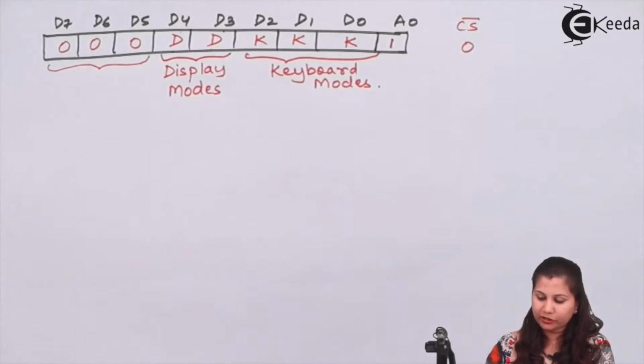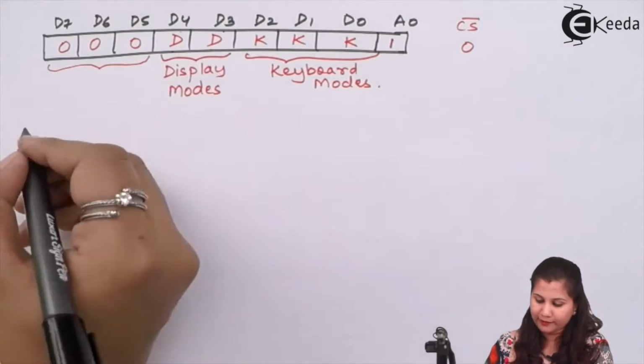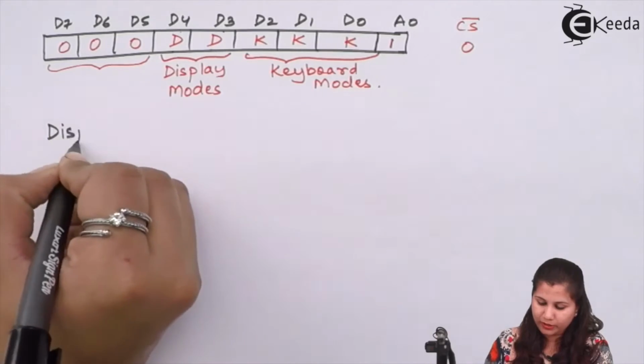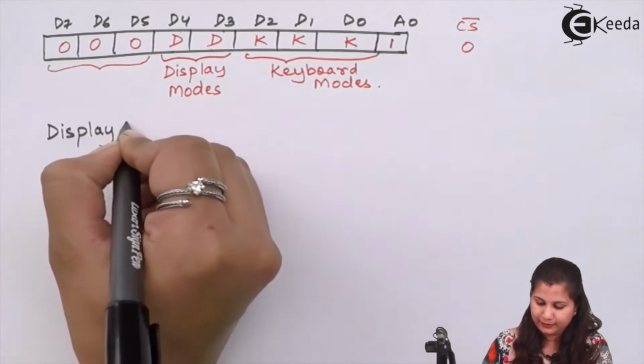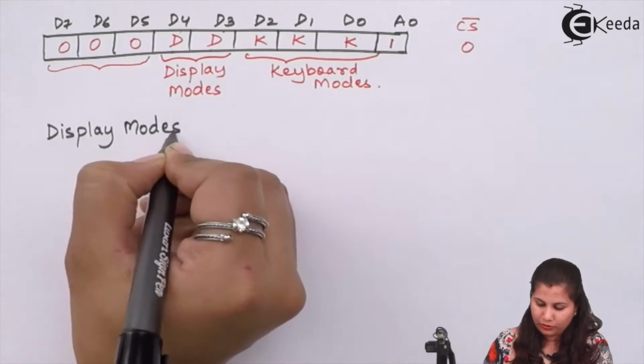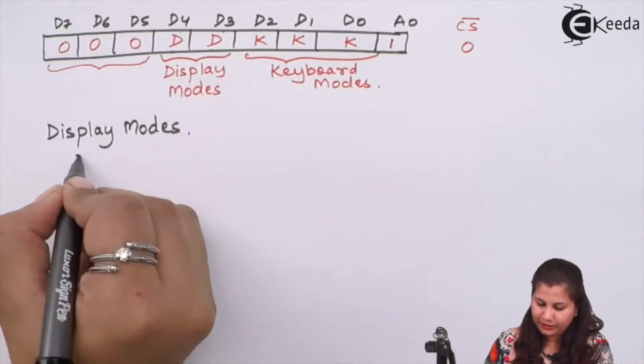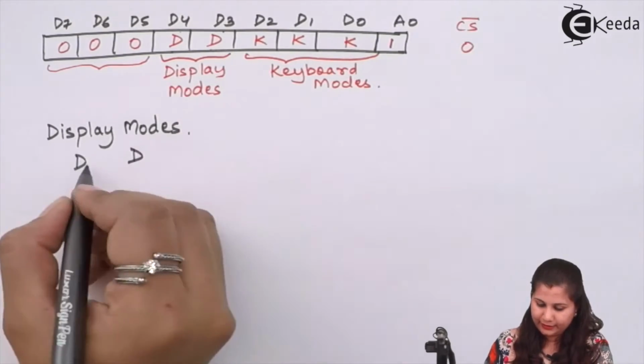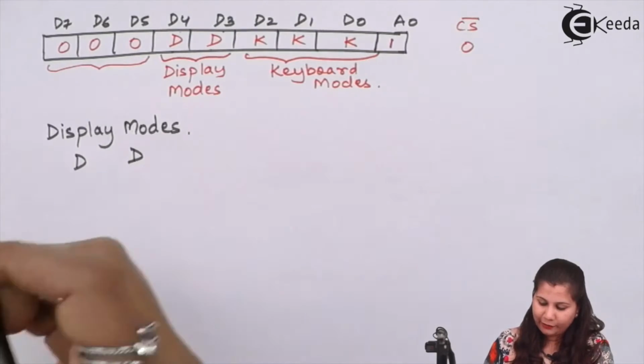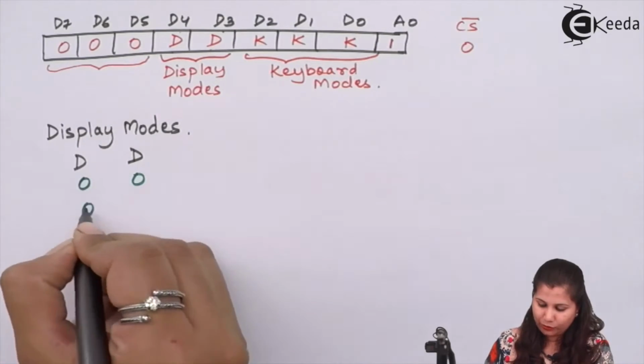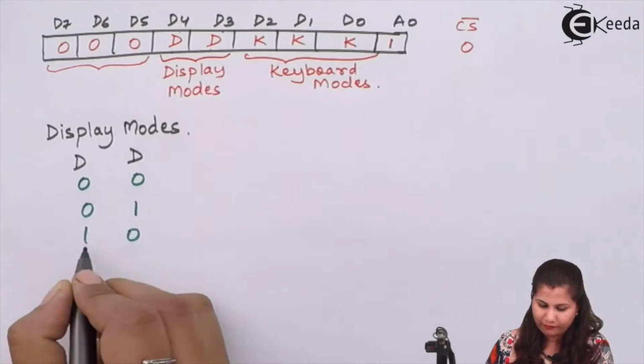So let us study the combinations of these 2 bits. First we will study the display modes. We have D and D, and they can have values like 0 0, 0 1, 1 0 and 1 1.